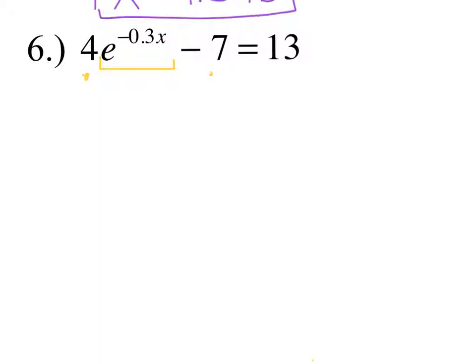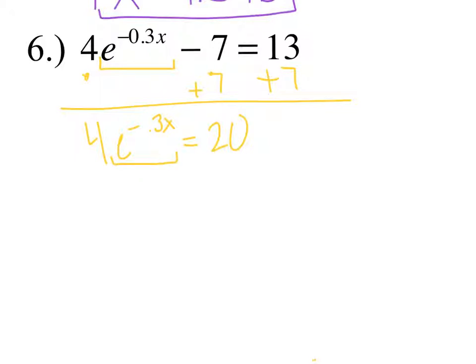We're going to add 7 first to both sides and get 4e to the negative 0.3x equals 20. Still don't have that e to the negative 0.3x alone, so we divide both sides by 4. So we have e to the negative 0.3x equals 5.